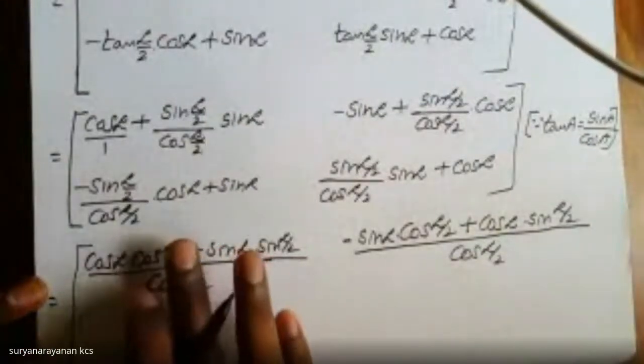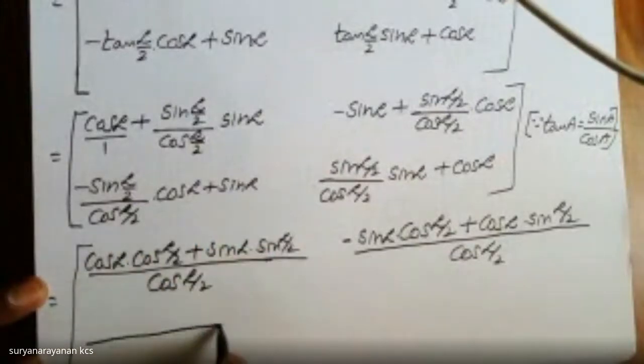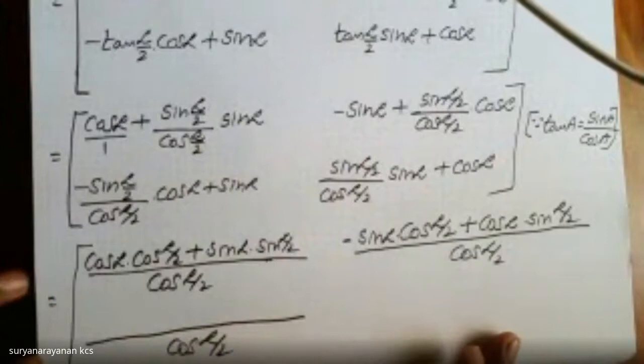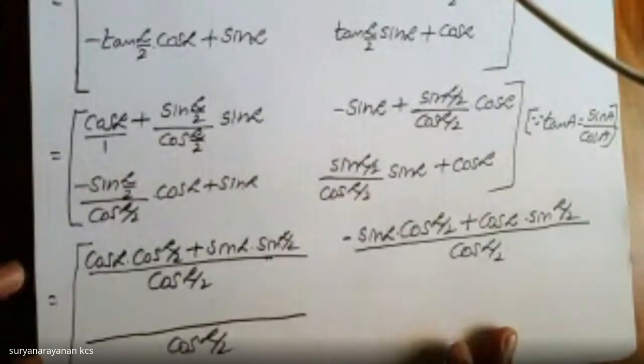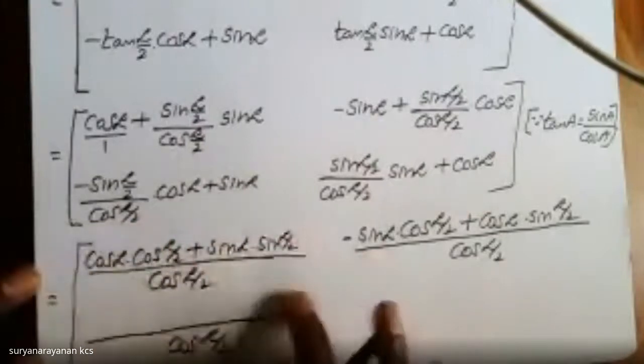In this step, I am just taking LCM for the denominators and writing the numerator. That's all. I am not doing anything, and I'm not using any formula here.